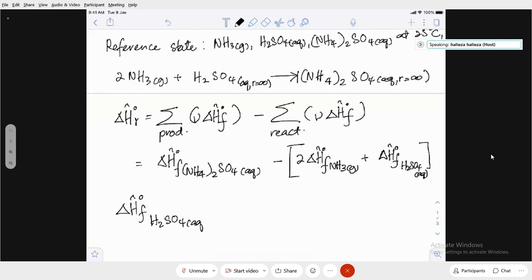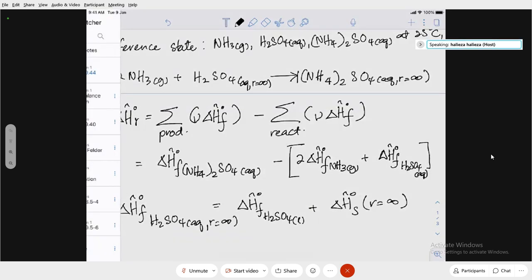Let's write the R. That is equal to the heat of formation of your sulfuric acid liquid, plus the heat of mixing, R equals infinity. If that information is not given in appendix B1, then you'll be using this equation. So let's look at appendix B1, whether it is available at infinite dilution for sulfuric acid and the product.